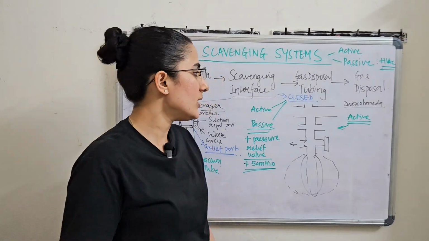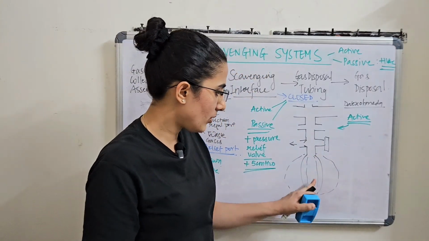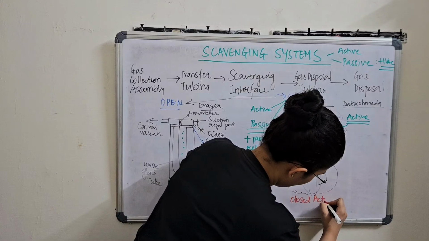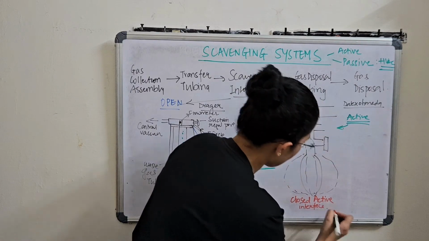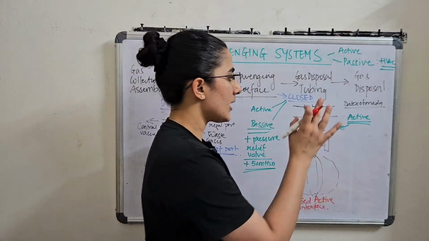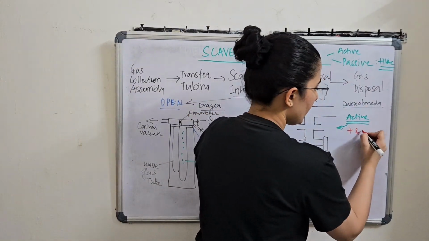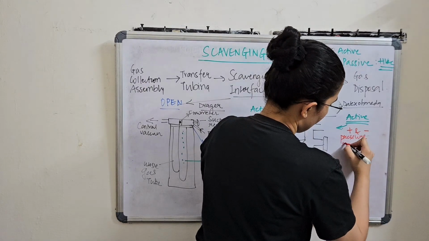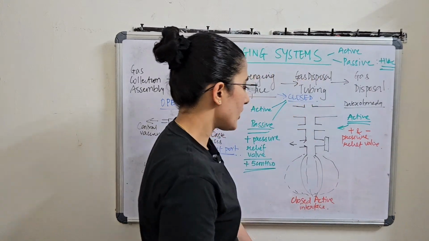Next, coming to the closed active interface, this is the diagram of a closed active interface of the scavenging systems. Here in the active interface, there are both positive and negative pressure relief valves.